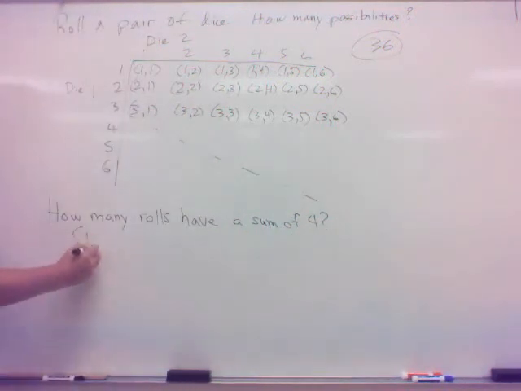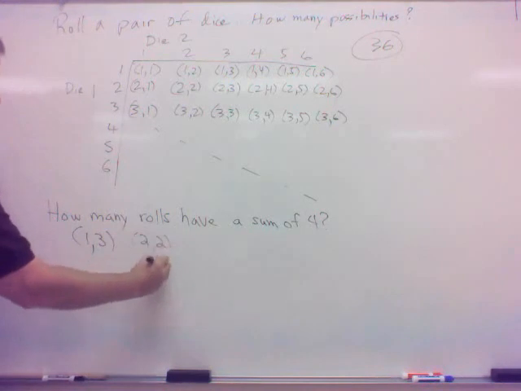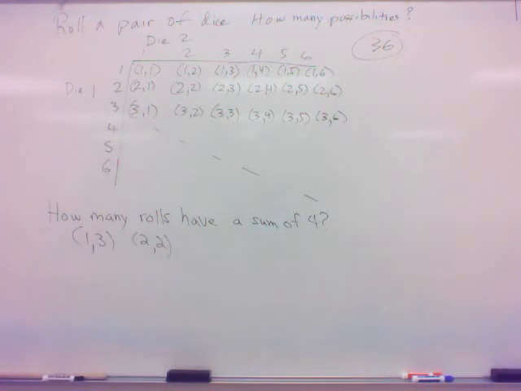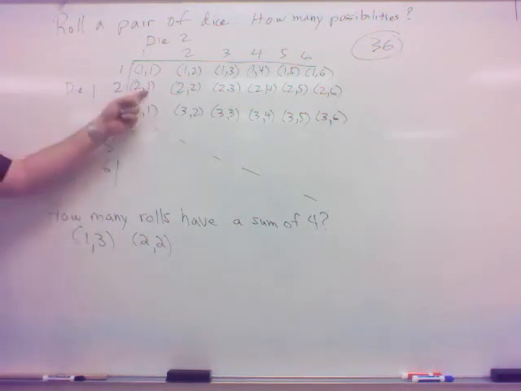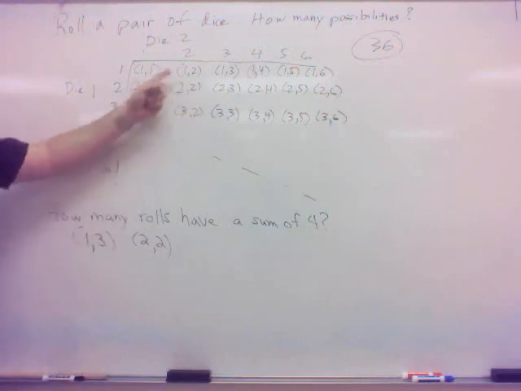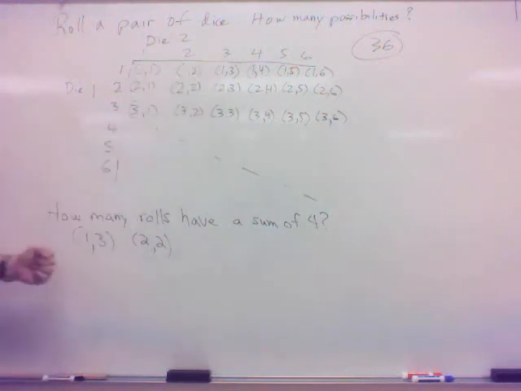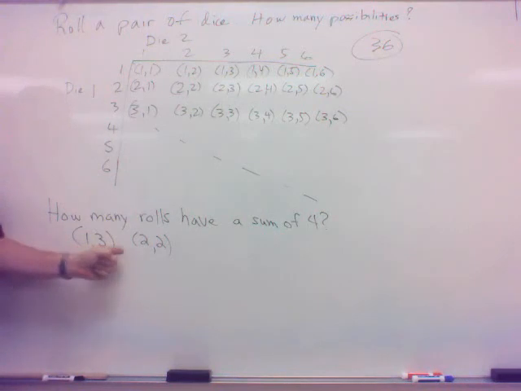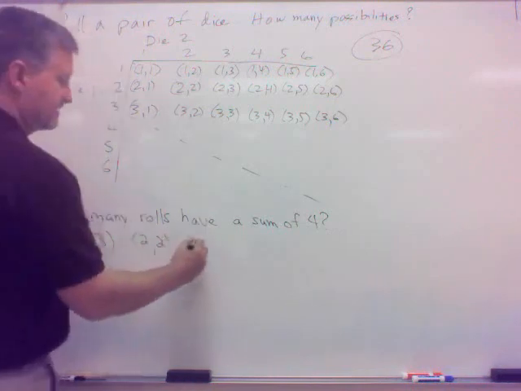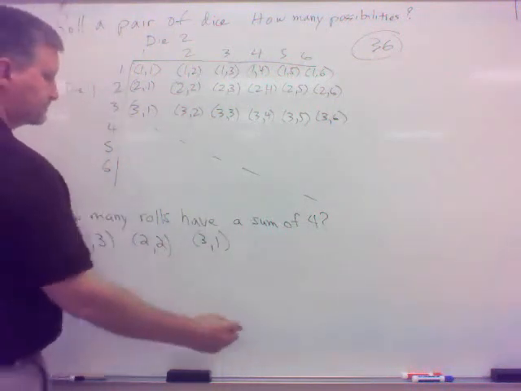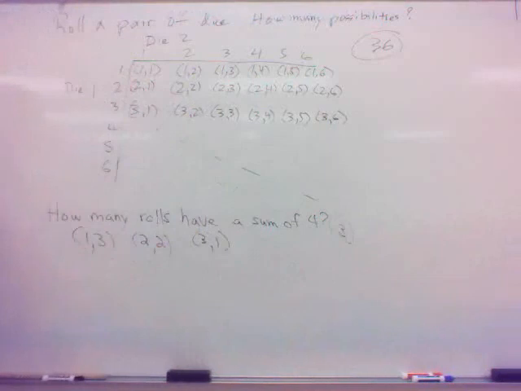You got 1, 3, you got 2, 2, but be careful there because note here, it's kind of the same as with the coin problem there. 2, 1 is different than 1, 2. You notice both of those are listed, and 3, 1 is different than 1, 3. So that comes into play here. Yeah, 1, 3 is a sum of 4, and 2, 2. But what else? How about 3, 1? Yeah, that's a different roll. So there's three ways of doing that.